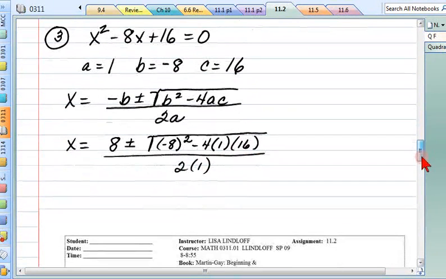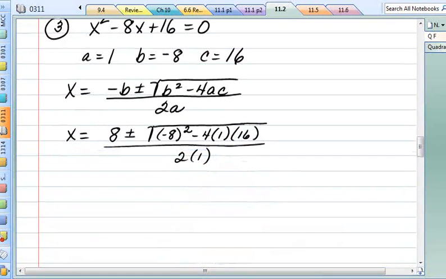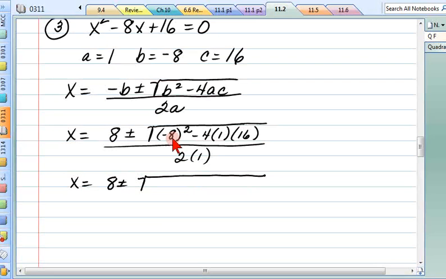Please stop me, ask a question if you're not sure where a number comes from or how I proceed. So x is equal to 8 plus or minus the square root of negative 8 squared. Well, whether this number is negative or positive, when you square it, you get a positive quantity. So that's 64. Negative 4 times 1 times 16 is negative 64. And that's over 2.